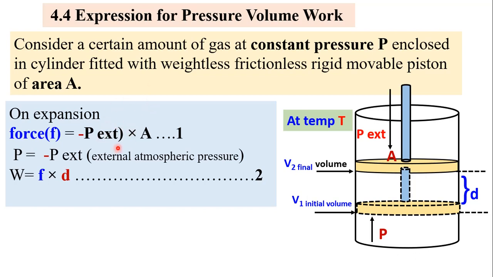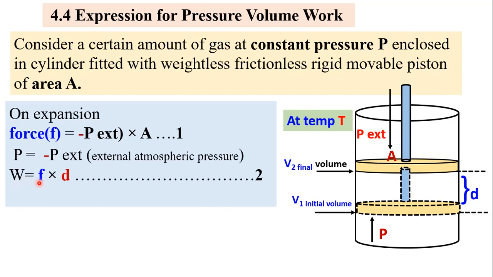This pressure is equal in magnitude and opposite in sign to the external atmospheric pressure that opposes the movement of the piston, and it is therefore equal to minus P external.